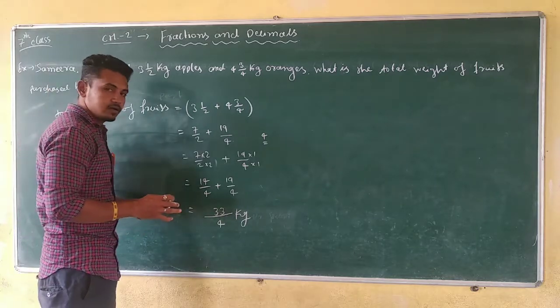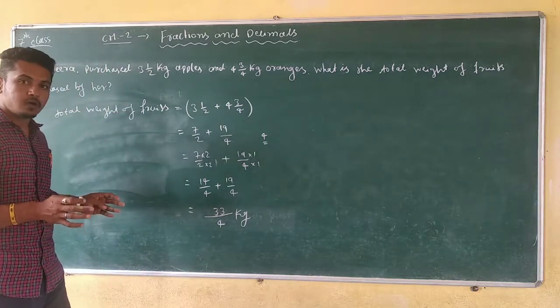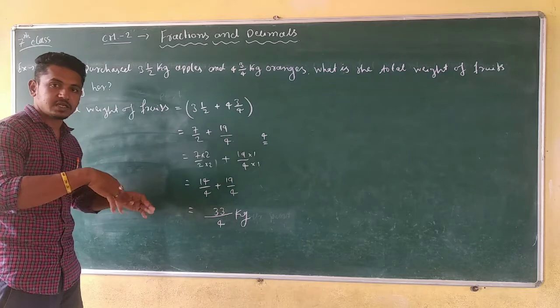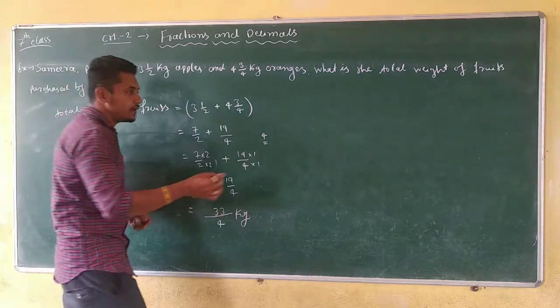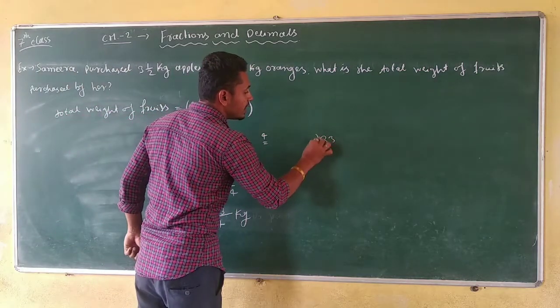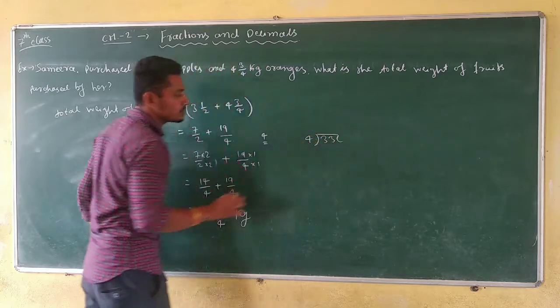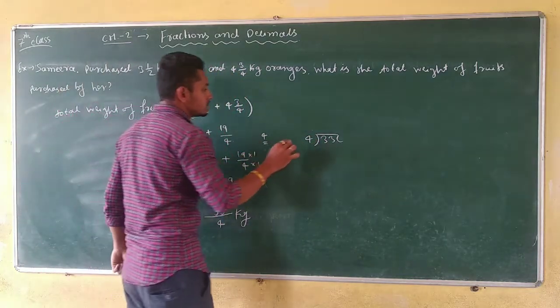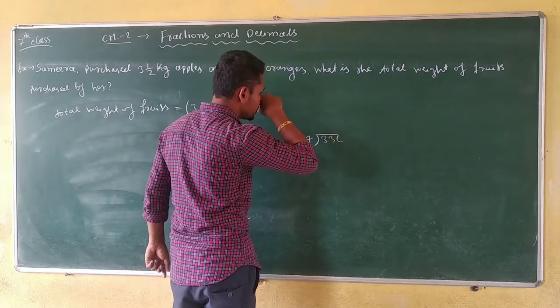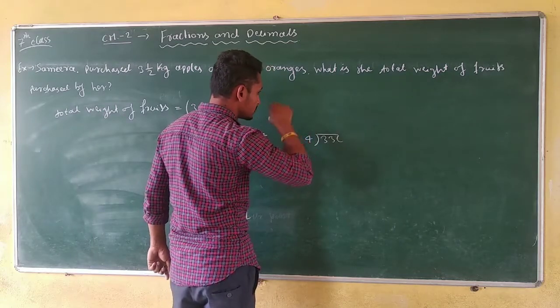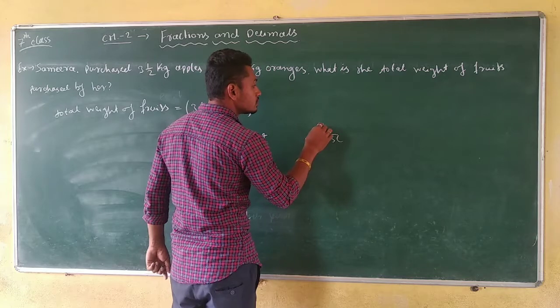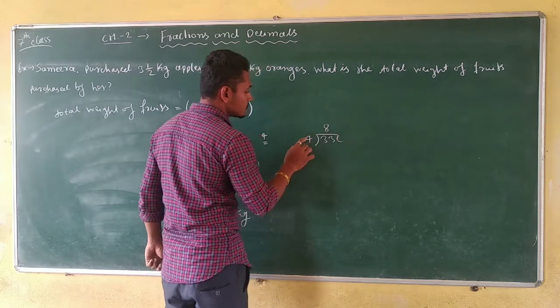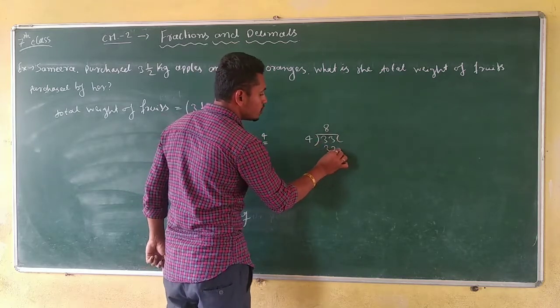I already told you how to convert improper fractions into mixed fractions. 33 divided by 4: four 8s are 32.